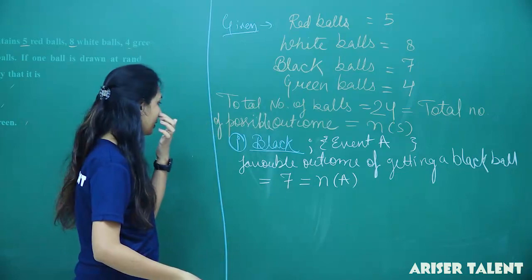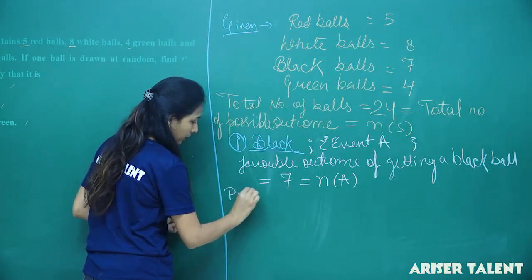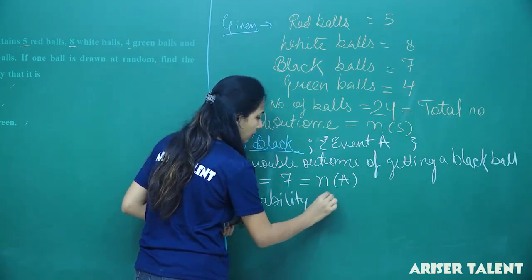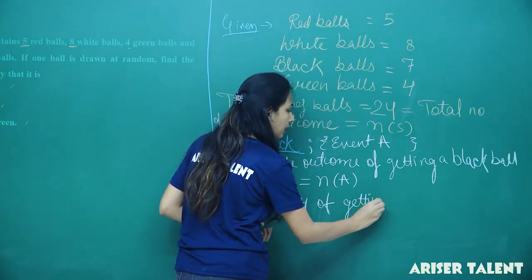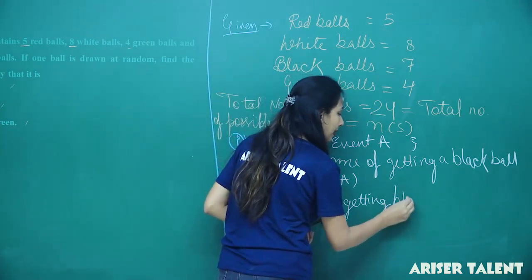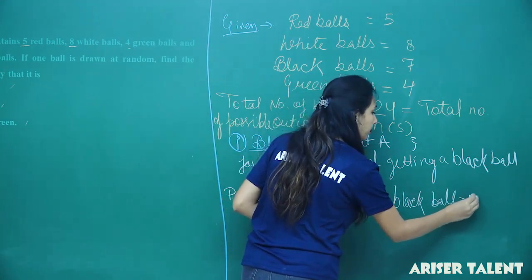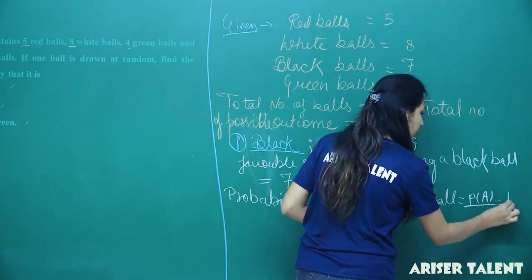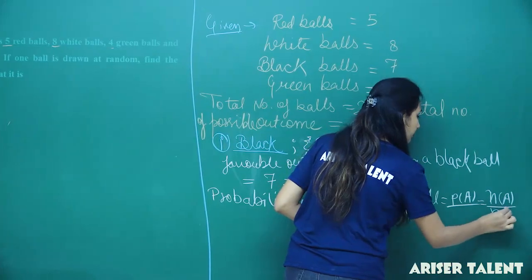So, what will I write now? Probability of getting black ball equals to PA, which is equals to NA upon NS.